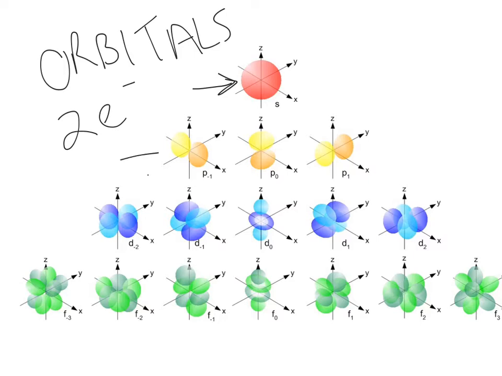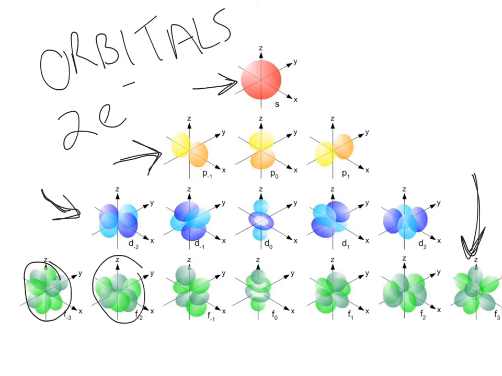We've got the P-shaped cloud, which we say is dumbbell shape or peanut shaped. We've got the d orbitals. There's 5 different kinds of those, and here we have the f orbitals, the green guys here. And so in reality, 2 electrons can be held in this f orbital, this f orbital. Each of these guys, this d orbital, they only hold 2 electrons. Orbitals are the smallest unit of the level.